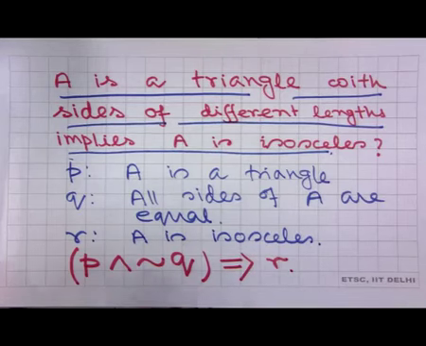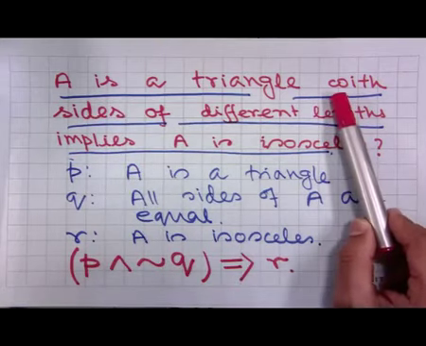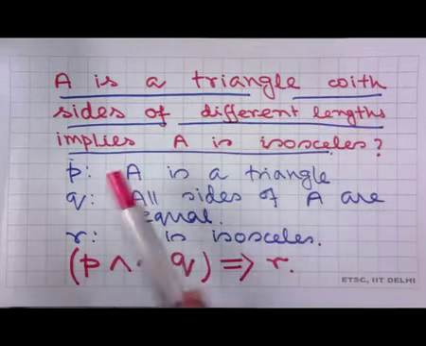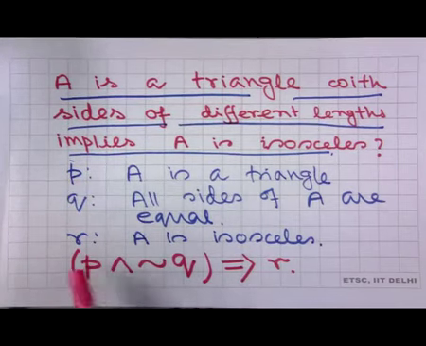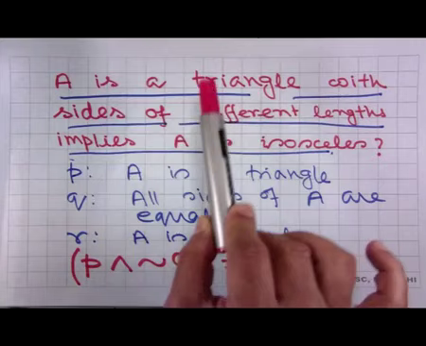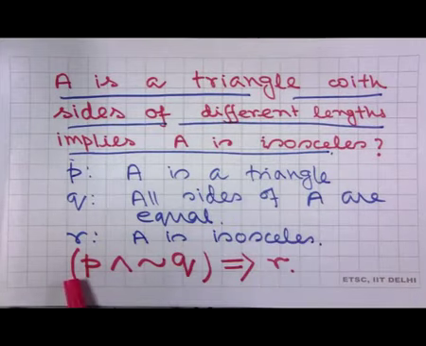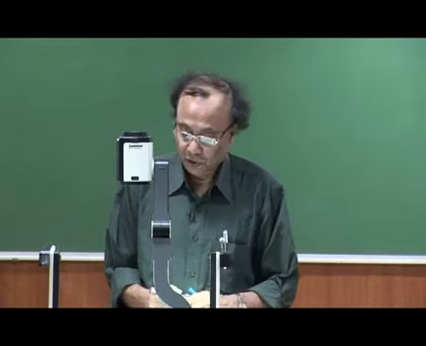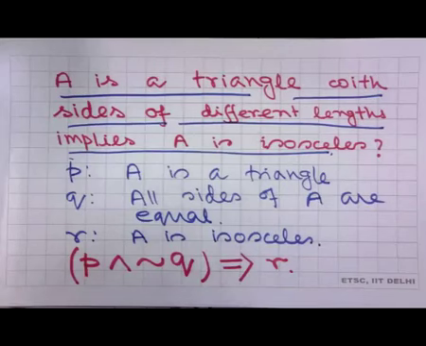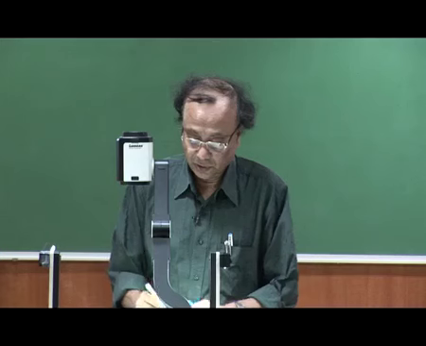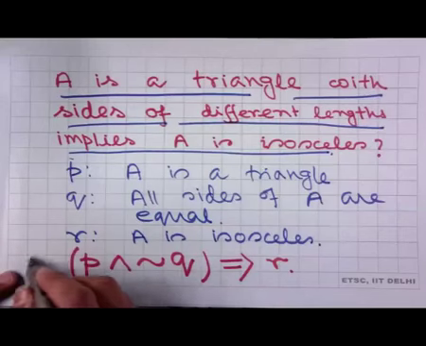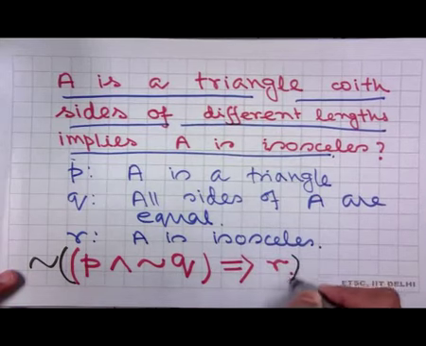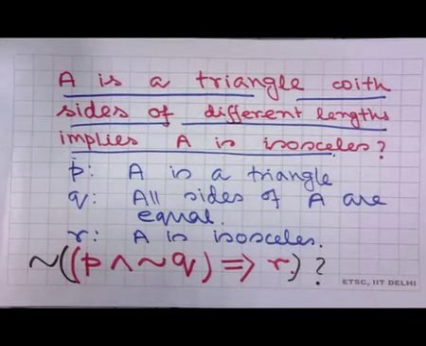So, when we break the above compound statement into its components and symbolically represent it, it becomes P and not Q implies R. The question that has been asked is, what is the negation of this?